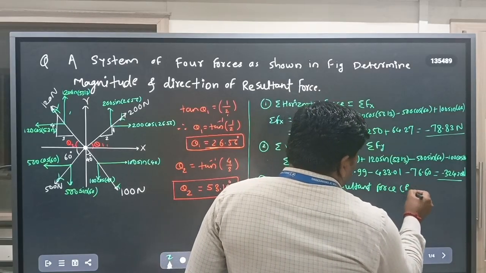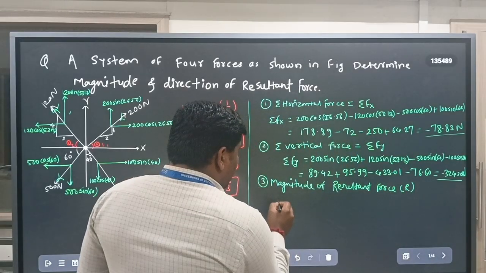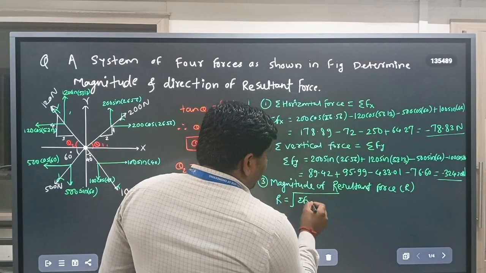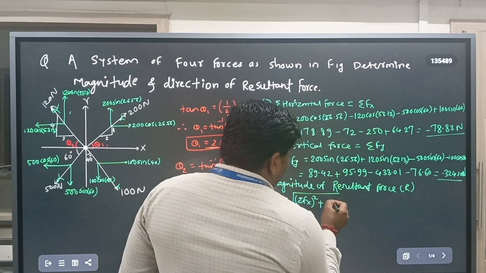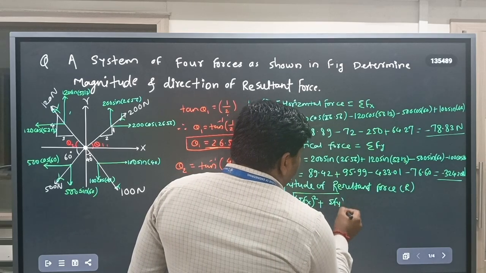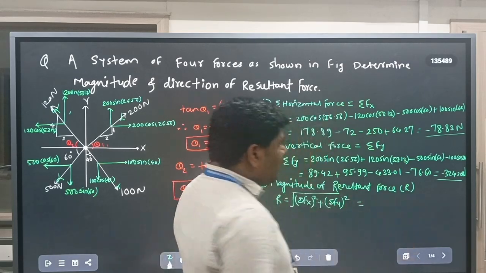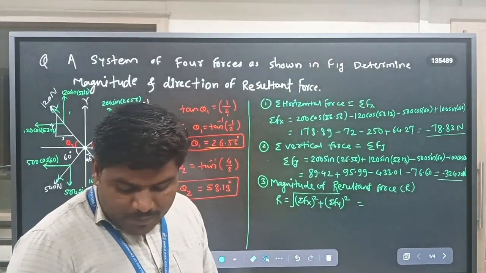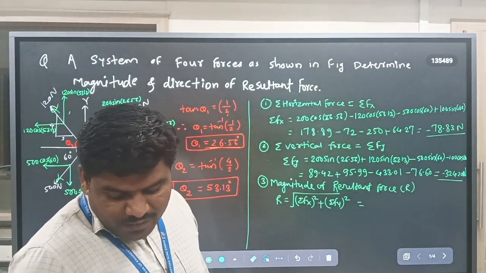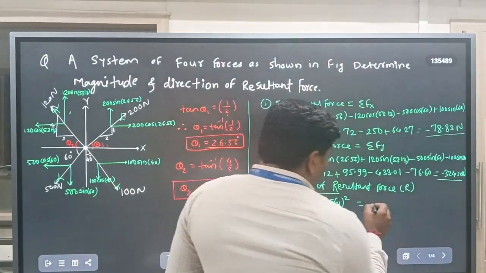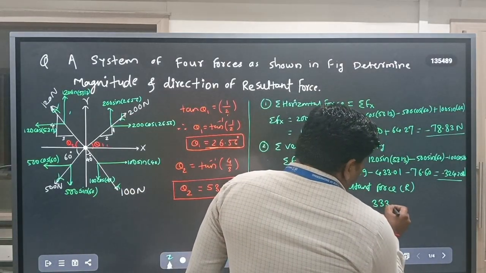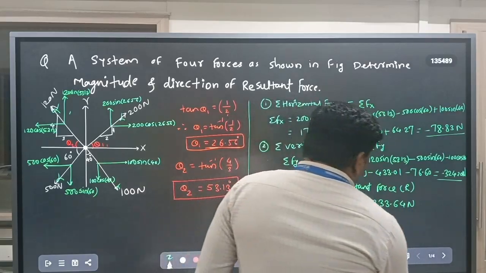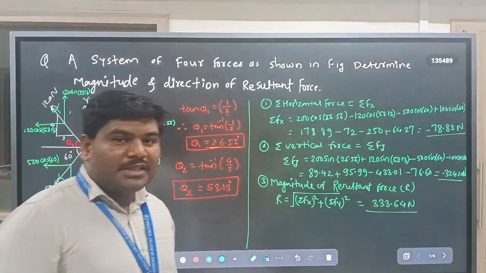That is R, and we know that R is equal to under root summation of f of x bracket square plus summation of f of y bracket square. आपने f of x कैलकुलेट किया है, f of y भी कैलकुलेट किया है. अगर उसका कैलकुलेटर में कैलकुलेट करते हो, दैट फोर्स वैल्यू इज 333.64 न्यूटन. दिस इज द वैल्यू ऑफ R or magnitude of resultant.